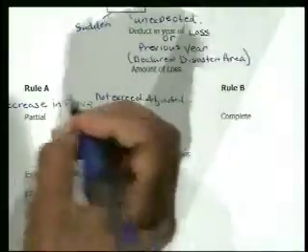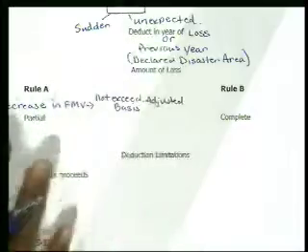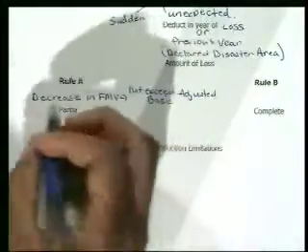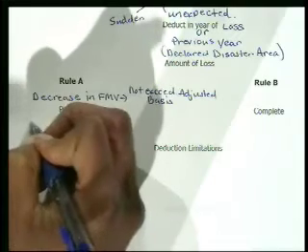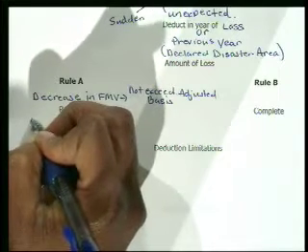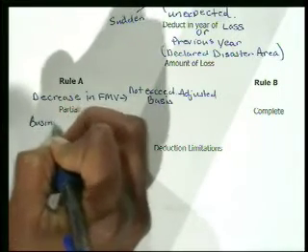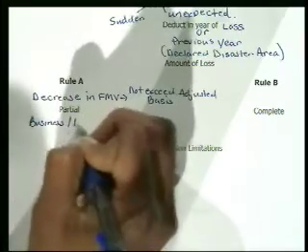Okay, and so Rule A applies to partial losses for business and investment property.